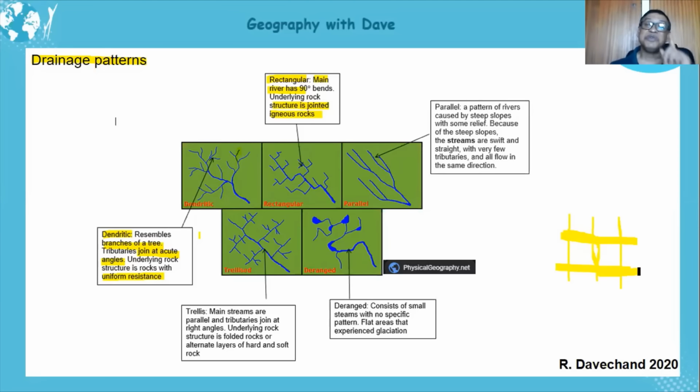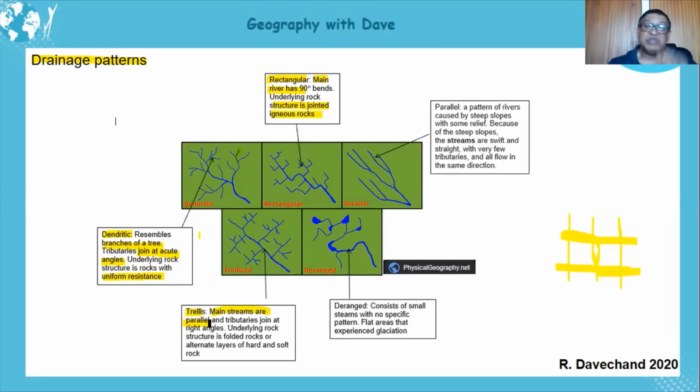So it's important to know the underlying rock structure. Then we get your trellis pattern. Here the main streams are parallel. Okay. Now, you can get situations where you get one stream. All right?